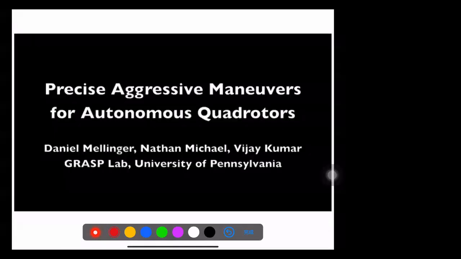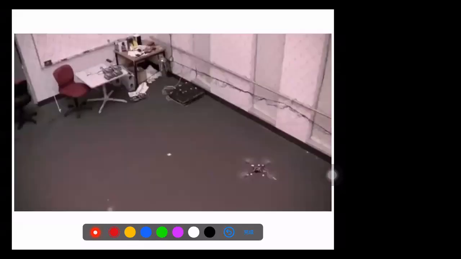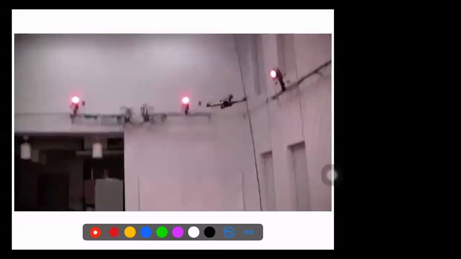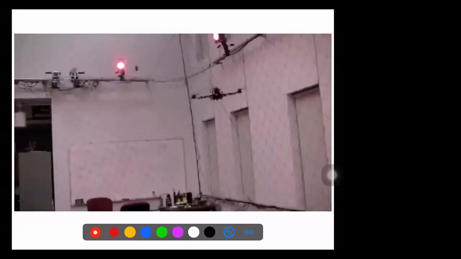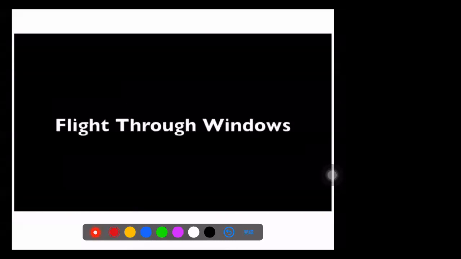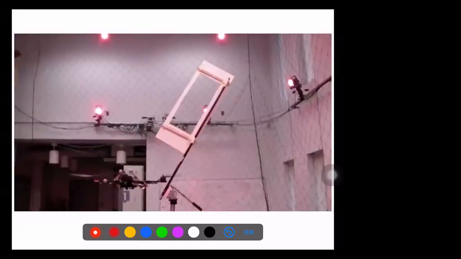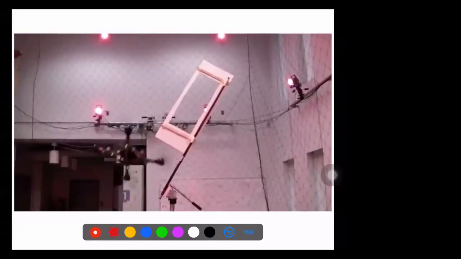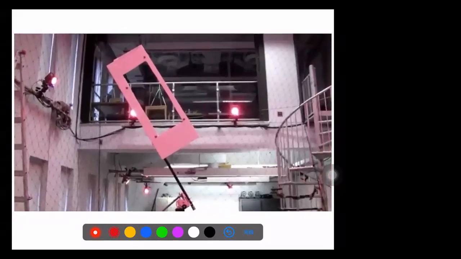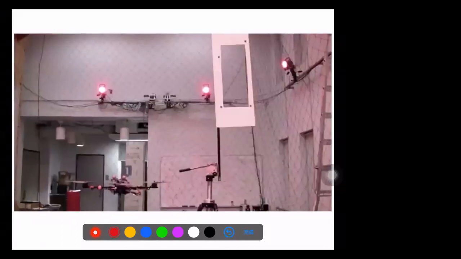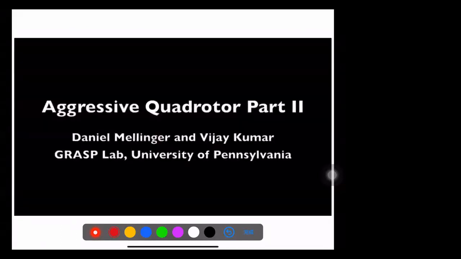To understand more, we can see some examples, for example, the work done by Daniel Miller from the graph lab. That's quite an old demo. I'm sorry, maybe you get some delay in the video. It basically shows a UAV that can fly all around complex environments, right?